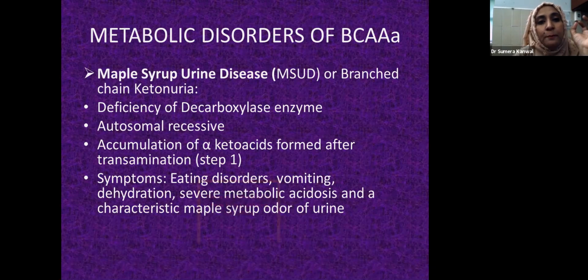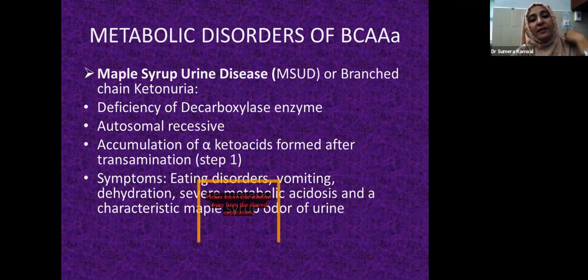So this is the unique property of the patients that are suffering from maple syrup urine disease. The characteristic of this disorder is that the urine of these patients has a specific odor like maple syrup because of the increased accumulation of these alpha keto acids.